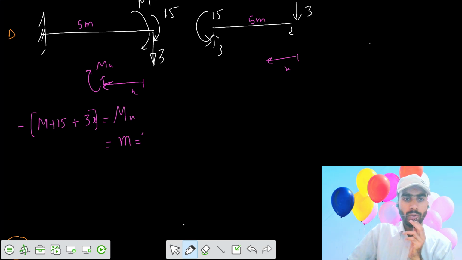m theta equals dou mx by dou m, isn't it? dou mx by dou moment applied. So your moment applied is m. If you differentiate it with m, we get the value of minus 1.